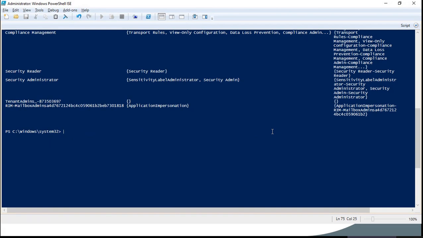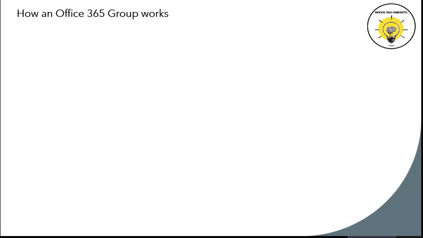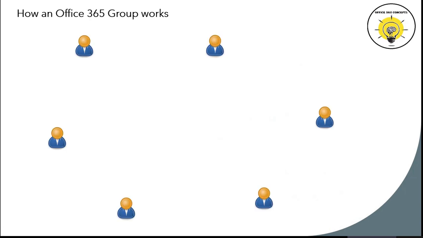Now, the next group that we will be talking about is the Office 365 group. To understand what an Office 365 group is, let's assume that I have 6 users in my organization and they want to collaborate with each other.